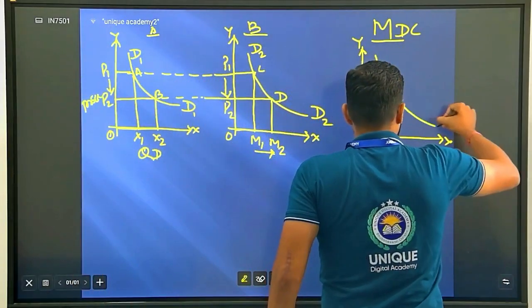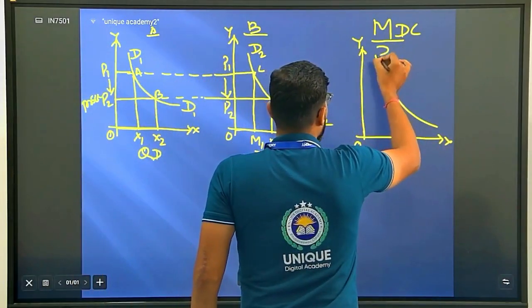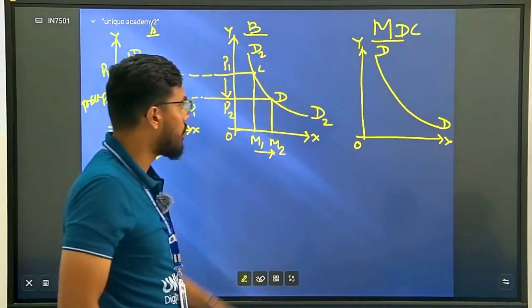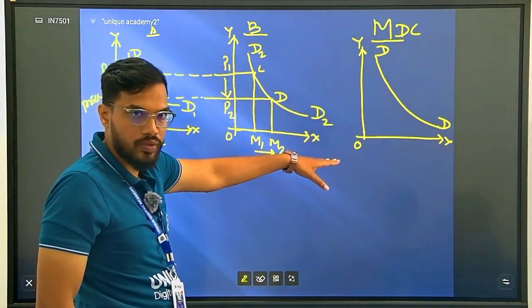So, demand curve D, sloping downwards from left to right.